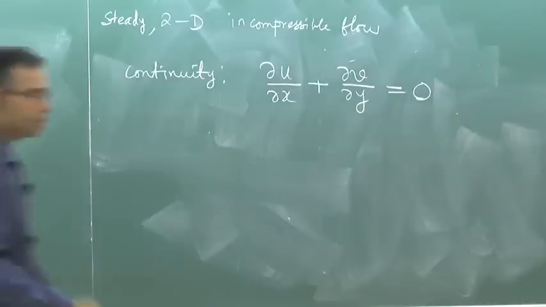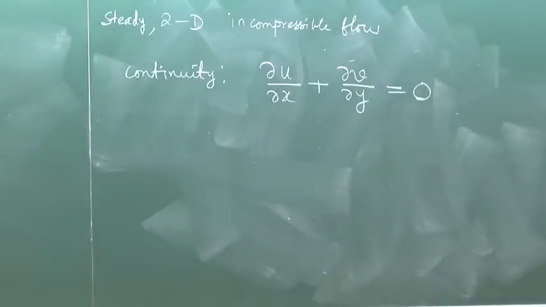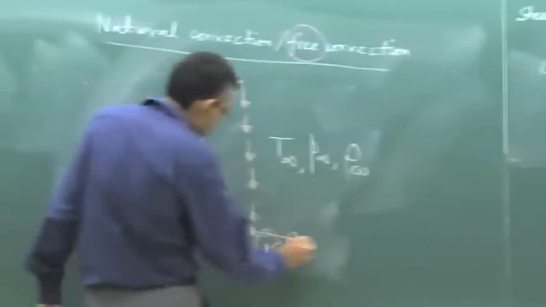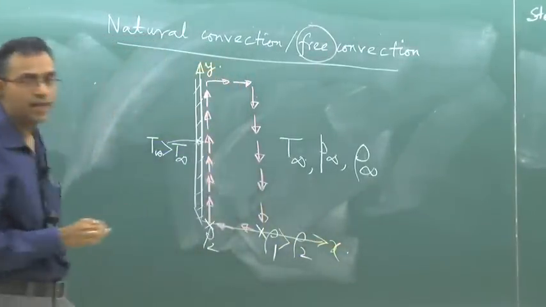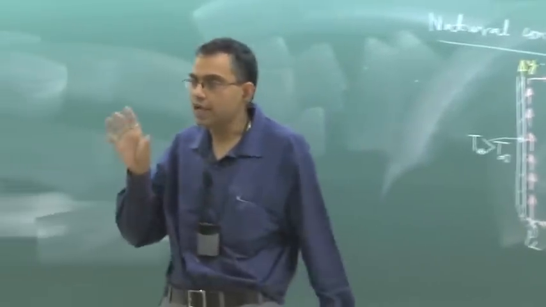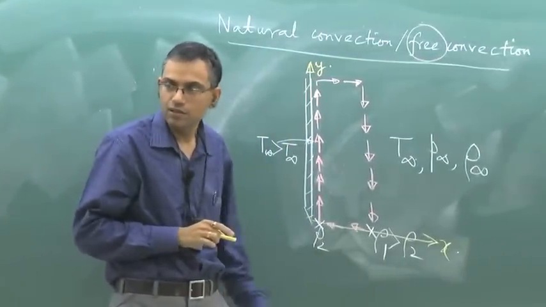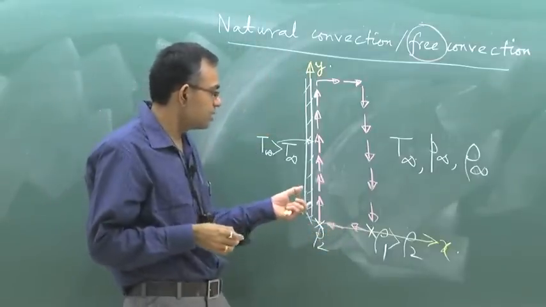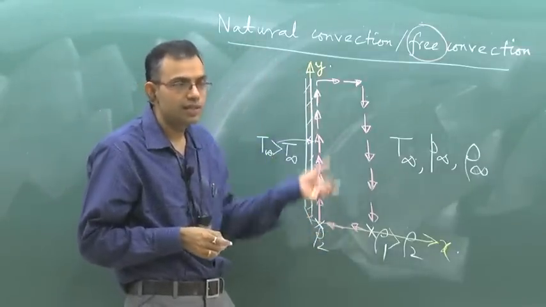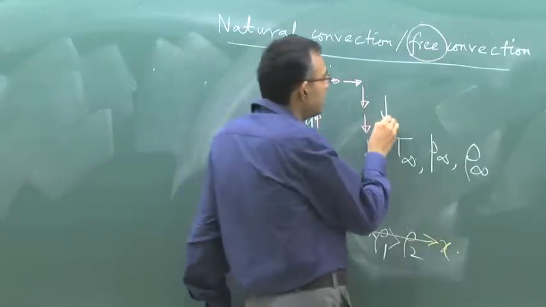Now let us set up our x axis and y axis. Say this is x axis and this is y axis, and we will be considering a boundary layer type of flow, just like we have considered the flow over a horizontal flat plate. Instead of a horizontal flat plate, it is a vertical flat plate. So why we had made it vertical is to make sure that the body force is important, assuming that gravity is in this direction.